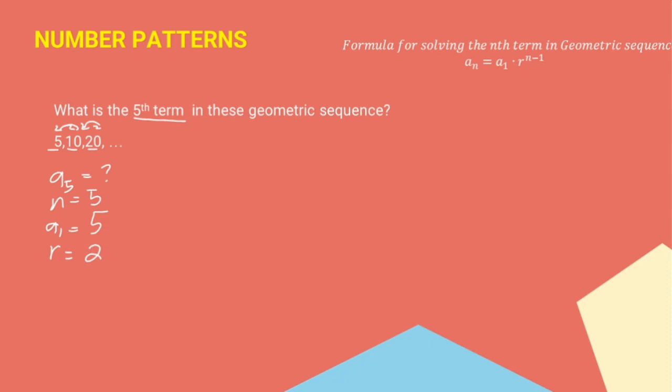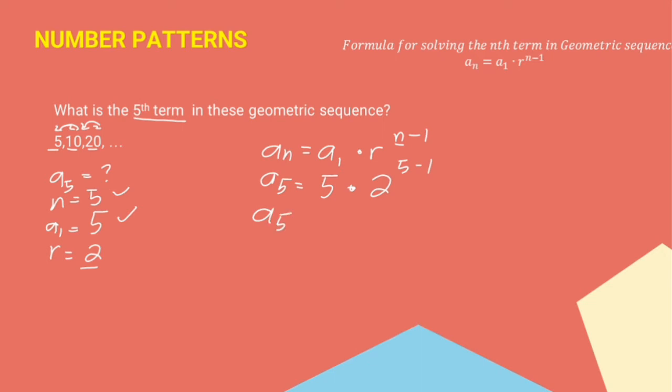Okay, so let us solve using the formula of geometric sequence. a sub n equals a sub 1 times r raised to n minus 1. Now, after that, we change a sub n to a sub 5, which equals a sub 1, that is 5, times the value of r, the common ratio, which is 2, raised to the value of n, which is 5, minus 1.